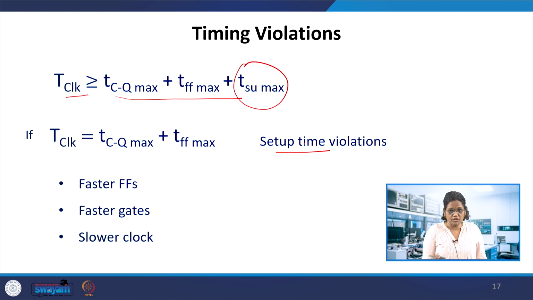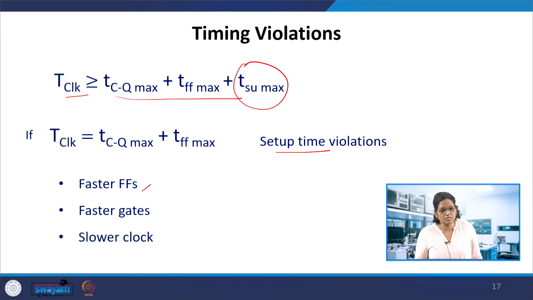So, setup time violation can be avoided by faster flip flops, and faster gates as well, because the gates are also involved in that. Or we choose a lower clock frequency, that is, a lengthier clock period, so that these operations can be completed in that duration, so that timing violations will not occur.